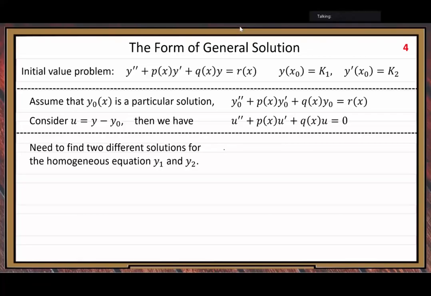Next, we need to consider the first part and the second part. In the first part, we solve the homogeneous version of the original ODE. In the second part, we need to find this y0, a particular solution of the original non-homogeneous ODE.